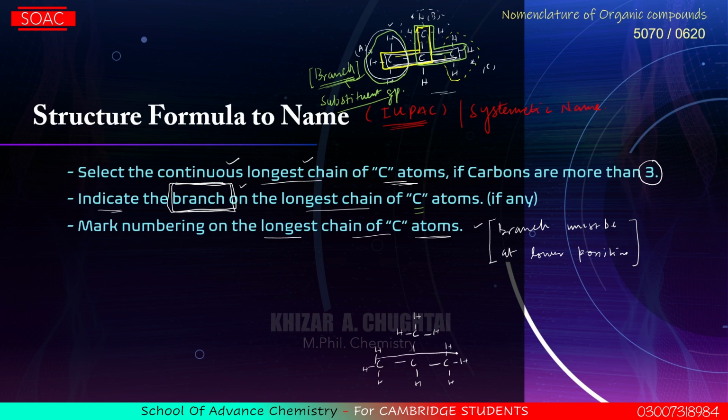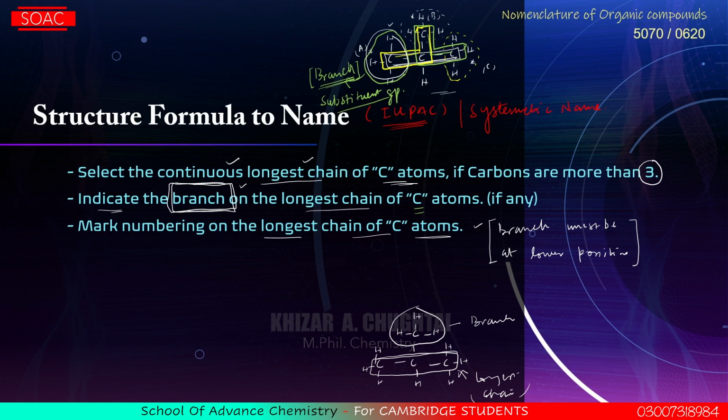It's a normal, straight chain. This one is the longest chain, and this group is not part of the chain, so it is said to be the branch. It's a branch or substituent group, and it is the longest chain and so on.